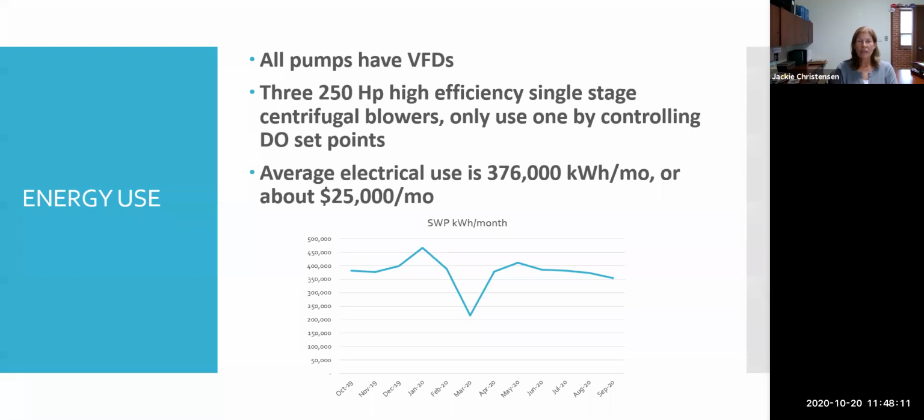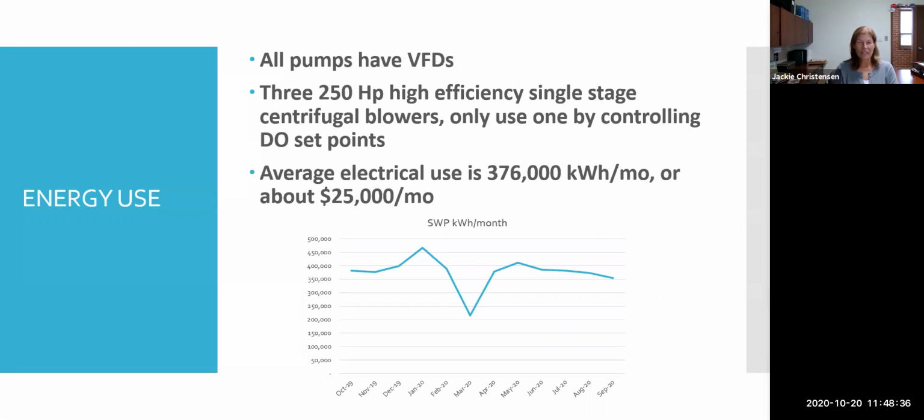We only really need to run one at a time. So that does help when we do the controls by our DO set points within the aeration basins. Looking at the actual electrical use and cost, and don't ask me why the dip in March of 2020.